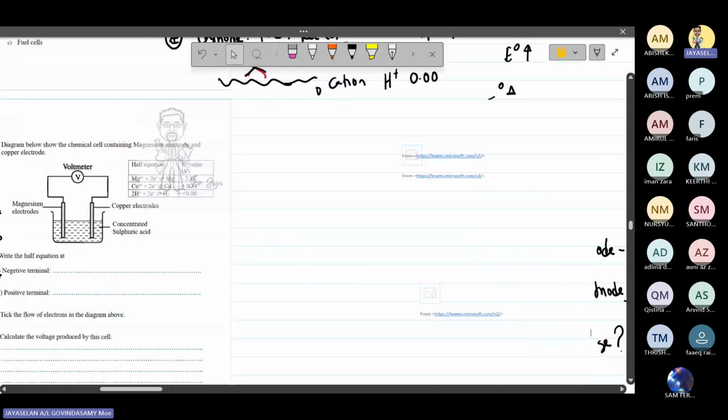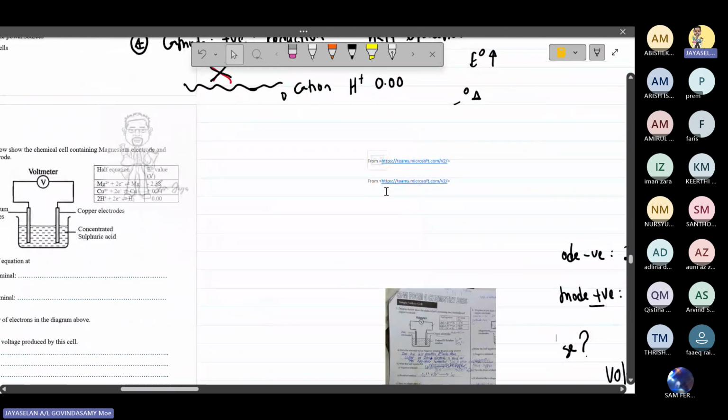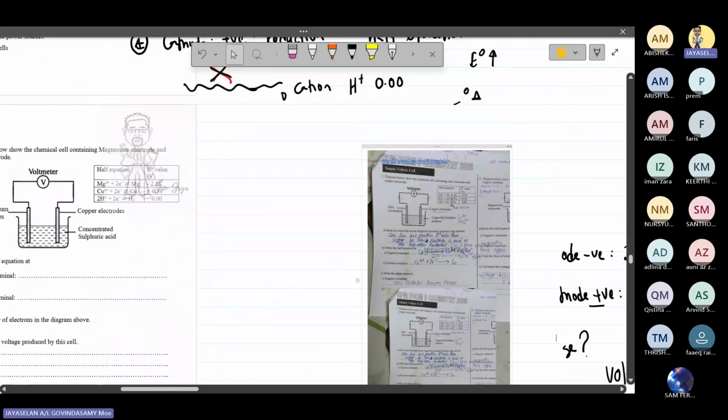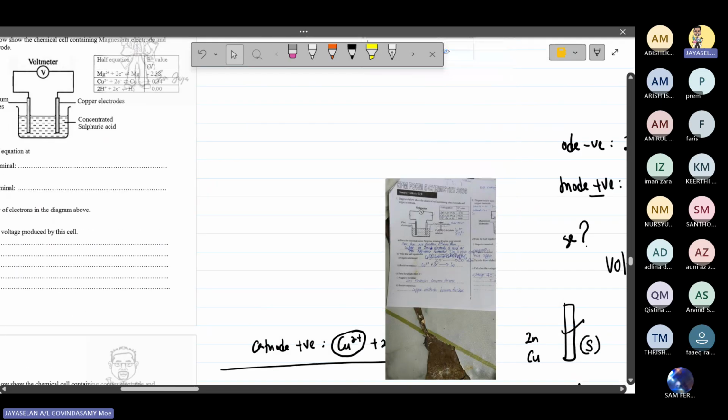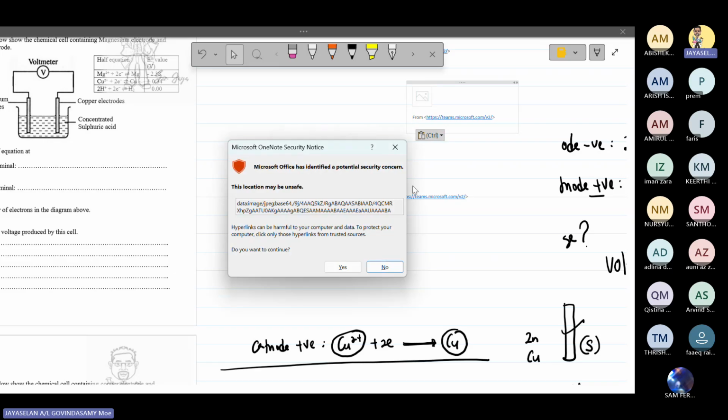Faris, ada salah sikit lah. Hey Faris, you hantar tadi punya jawapan, tak nak tadi punya lah, I nak yang baru punya.